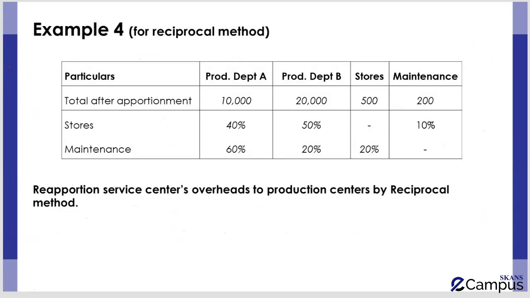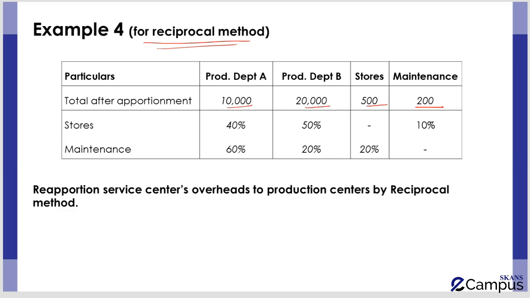Now moving on to the next slide, using the reciprocal or repeated method. In this example, we have totals after apportionment of 10,000 for A, 20,000 for B, 500 for stores and 200 for maintenance. When we reapportion the stores, stores will charge 40% of its cost to A, 50% to B and 10% to maintenance.